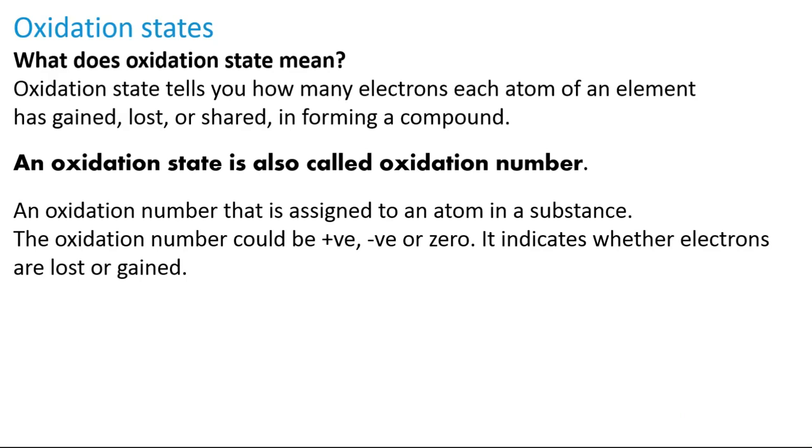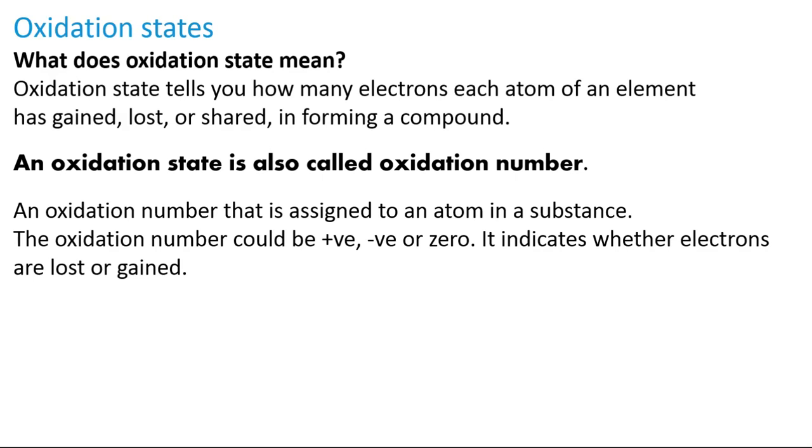Oxidation state +2 means atom lost 2 electrons and so on. Oxidation state is negative means atom in the compound has gained electrons. If it is -1 means atom gained 1 electron. -2 means atom gained 2 electrons and so on.